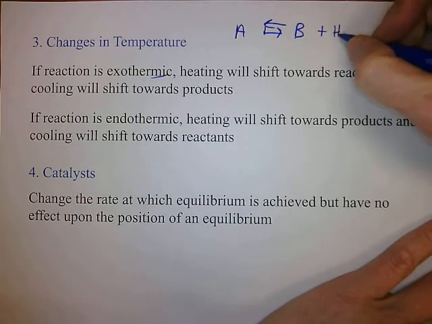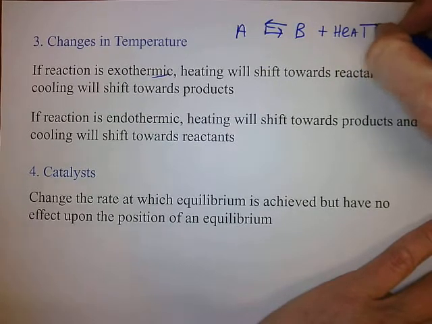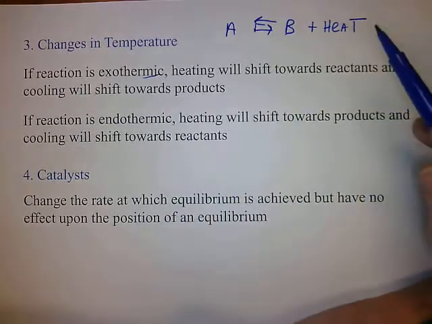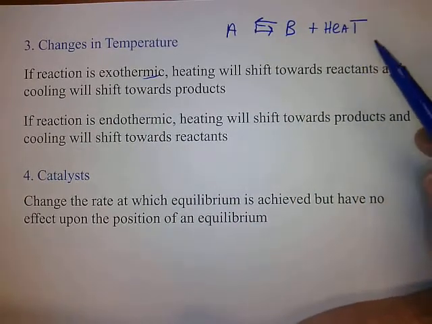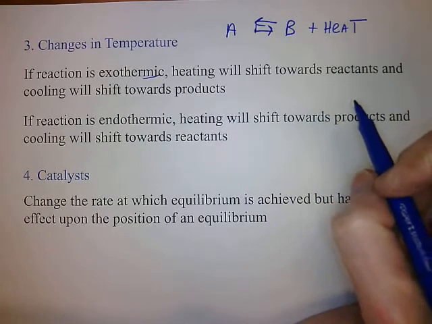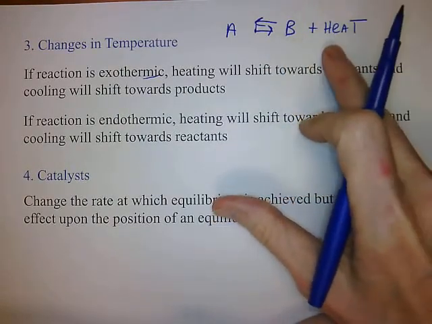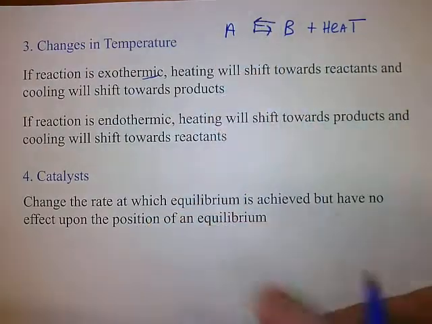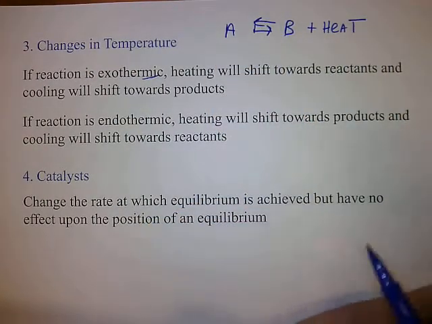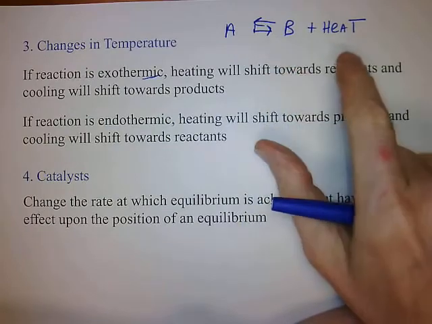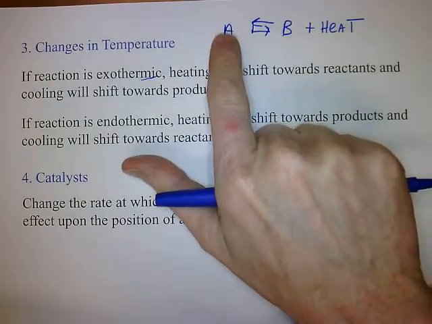We could write heat over there on the reactant side. So in other words, by heating it up, we're essentially adding a product. And we know from the previous slide, if we add a product, we shift the equilibrium to the left. So if the reaction is exothermic, heating will actually shift it to the left.